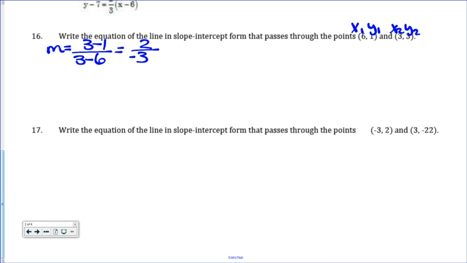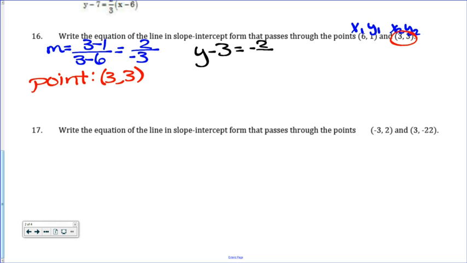So my slope is negative 2/3. Then we're going to pick one of these points, and we're going to write our equation in point-slope form. So I'm going to use 3, 3. Then we're going to take the slope and that point and put it into point-slope form. So y minus 3 equals negative 2/3 times x minus 3.